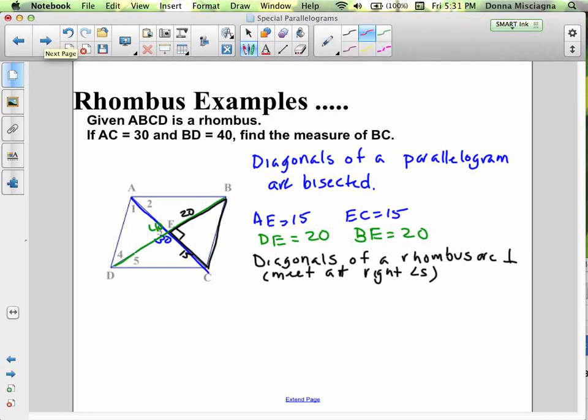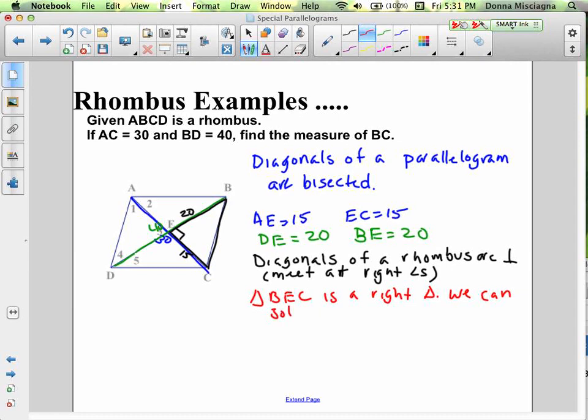So triangle BEC is a right triangle. We can solve for BC using the Pythagorean theorem. So this is very much like the problems in your homework.